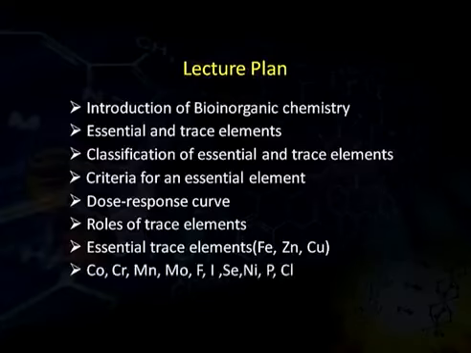Also we will be discussing some ultra trace elements like cobalt, chromium, manganese, molybdenum, fluorine, iodine, selenium, nickel, phosphorus and chlorine. So, to start with, first of all let us introduce what is bioinorganic chemistry.